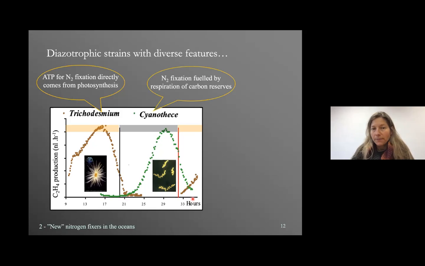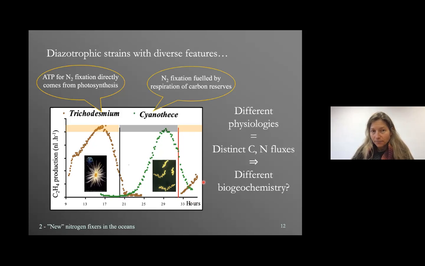On the contrary, in unicellular strains, since the processes are separated in time, the organism relies on the storage of carbon reserves during the day so that they can respire those reserves at night and produce the ATP and reducing power that the nitrogenase enzyme requires. So those two different physiologies necessarily mean that the organism will have distinct carbon and nitrogen fluxes, in particular related to the nitrogen fixation activity.